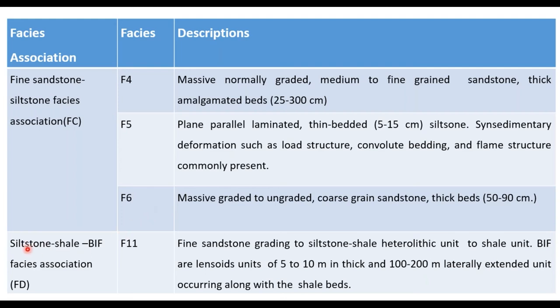The fourth association is the siltstone, shale, BIF facies association. This consists of a heterolithic unit of sandstone and silt, and a very thick unit of shale, and BIF occurring along the strike of the shale and pinching out along the strike of the shale.